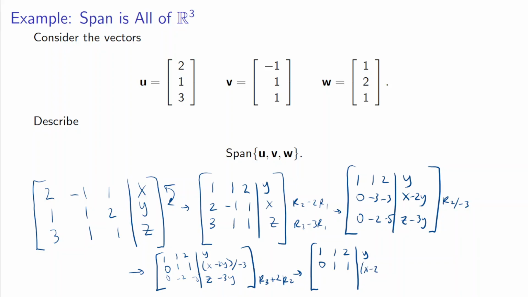And then x minus 2y divided by negative 3, and then this is going to be a 0. Negative 2 plus 2 is 0. Negative 5 plus 2 is a negative 3. And then we have a z minus 3y, and then plus 2 times x minus 2y divided by negative 3. So you can see that's pretty messy.